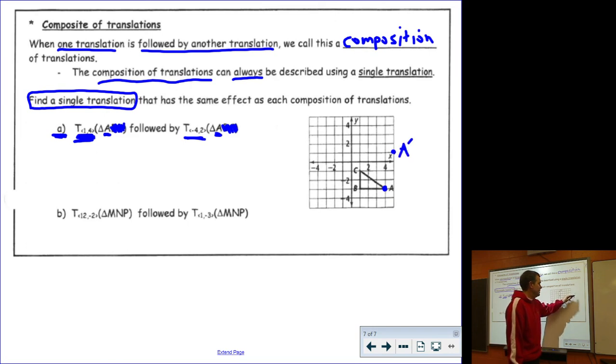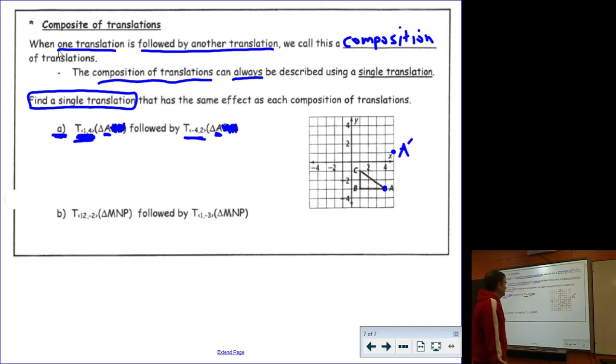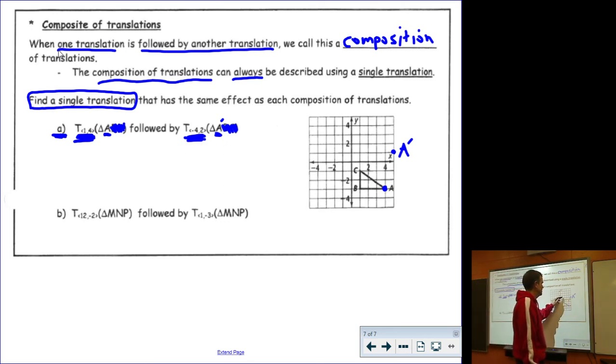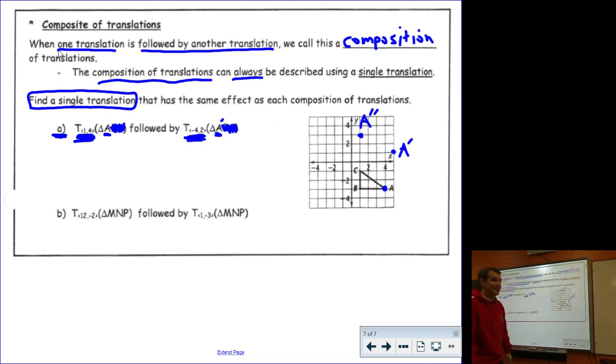This would be A prime. Now, if I'd written this correctly, the second one would say A prime. We now want to take A prime and move it according to this vector, 4 to the left and up 2. So that'd be 1, 2, 3, 4 to the left and up 2 would take me here. And maybe we would call that A double prime. That's right, the second one would be double prime.